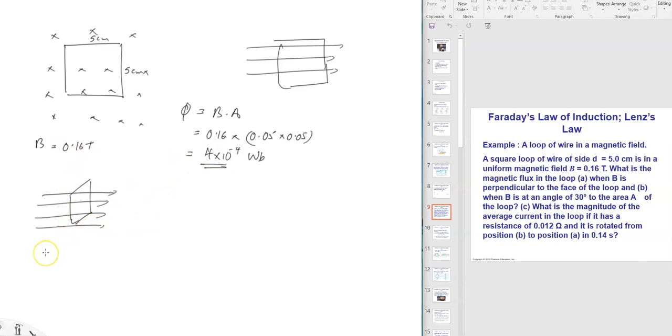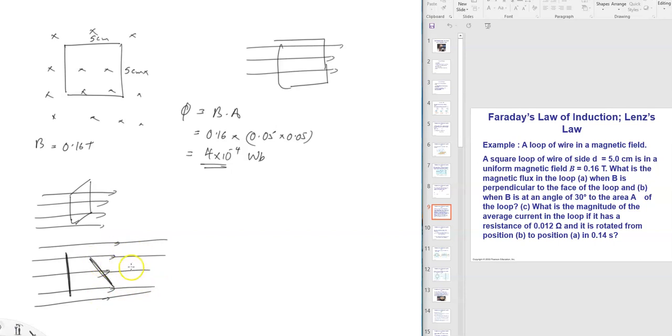Now I can redraw the same thing to give you an idea. If it is perpendicular, it's going to be like this, right? Now if it is not perpendicular, if it is making a 30-degree angle, it will be something like either this way or this way, as this area vector is making 30 degrees.